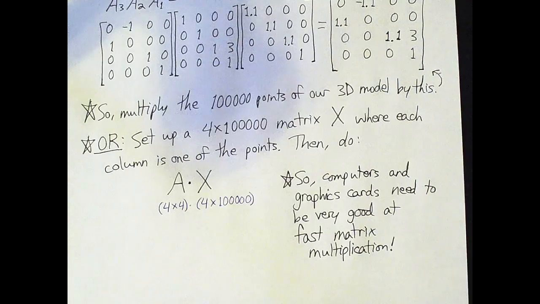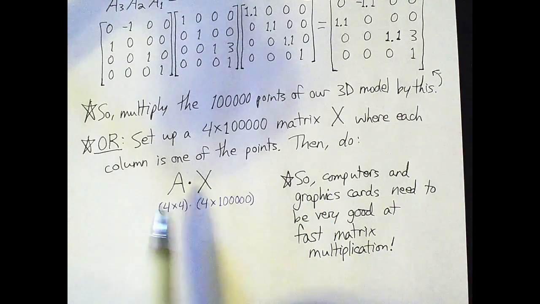The reason that I say video games are a really good example is because in a video game, you might need the game to run at 60 frames per second. If you want objects to be rotating and stuff like that, and you want the game to run at 60 frames per second, then the computer needs to be really fast at doing all of these transformations.